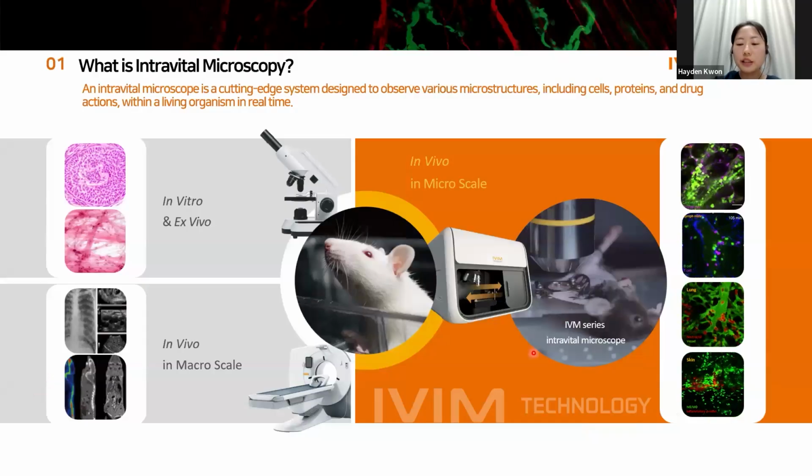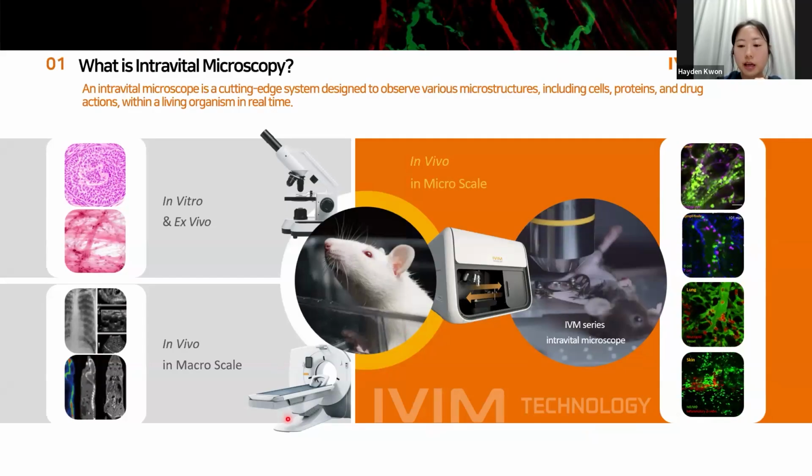Intravital microscopy is a high-resolution imaging technology that enables us to observe subtle biological changes inside a living animal down to the level of cells and tissues in real time. By comparison, traditional histology methods rely on fixed tissue sections.